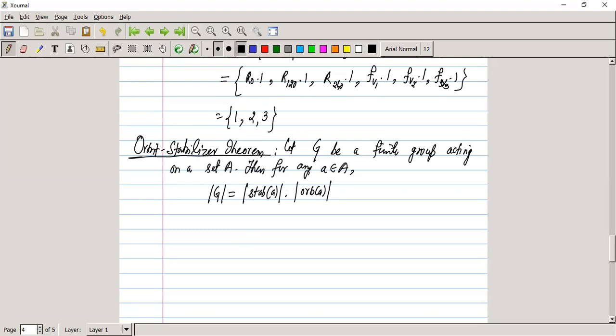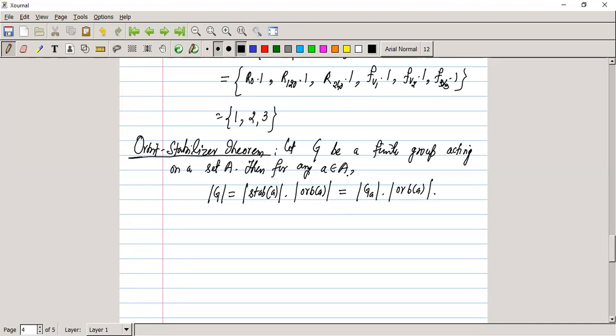We also have made one more notation for the stabilizer of a. So this is actually the order of G equal to the order of the stabilizer times the order of the orbit of a. And this holds for every point of A.